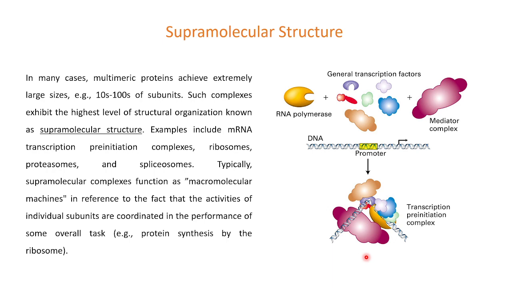Your examples include the mRNA transcription pre-initiation complexes, the spliceosomes, the proteasomes, the ribosomes, etc. These higher level structures function as macromolecular machines, where the different subunits are coordinated in some overall task.